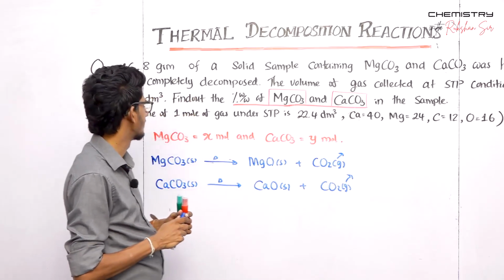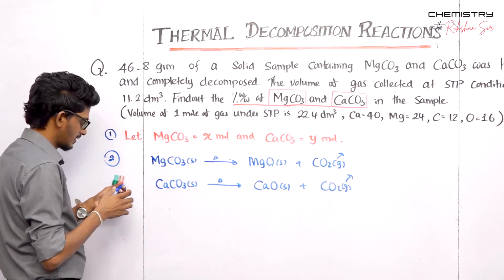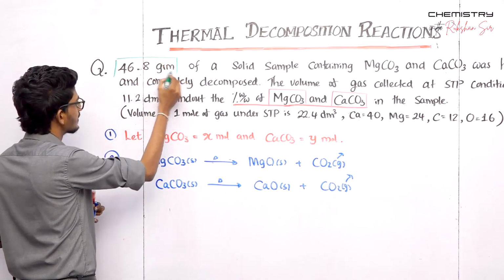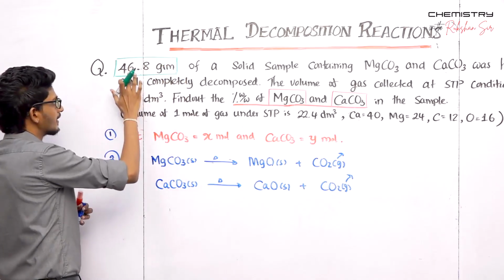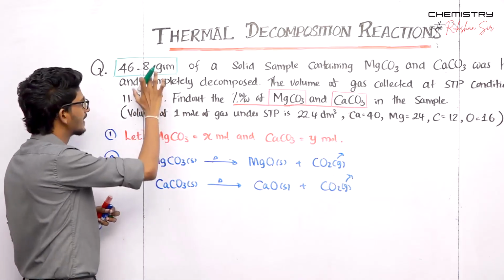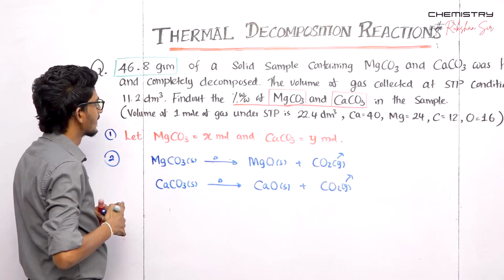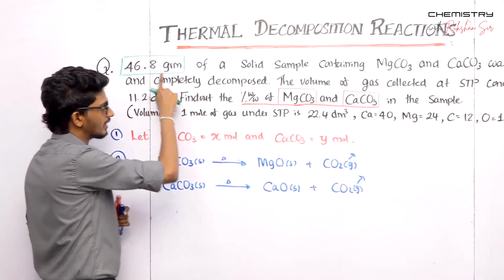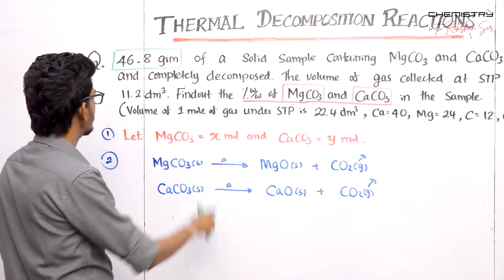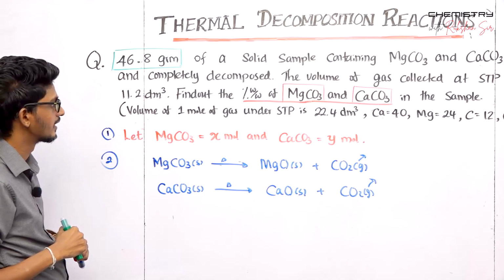So the two data points of this question are these two values. 46.8 grams: you know the chemicals appearing here completely. In this 46.8 grams, the two chemicals there are magnesium carbonate and calcium carbonate, only these two. So that is one data point.